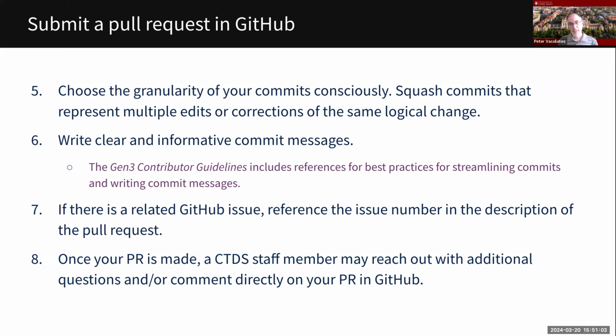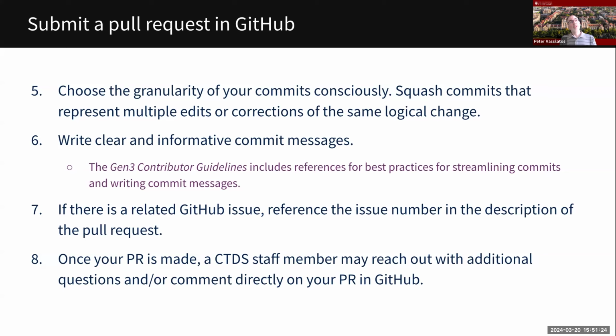So please choose the granularity deliberately. Ideally, submit logical changes in separate commits. Follow standard practices. We like the Pro Git guidelines. We reference them in the Gen3 contributor guidelines, but clear and informative commit messages will be extremely helpful.